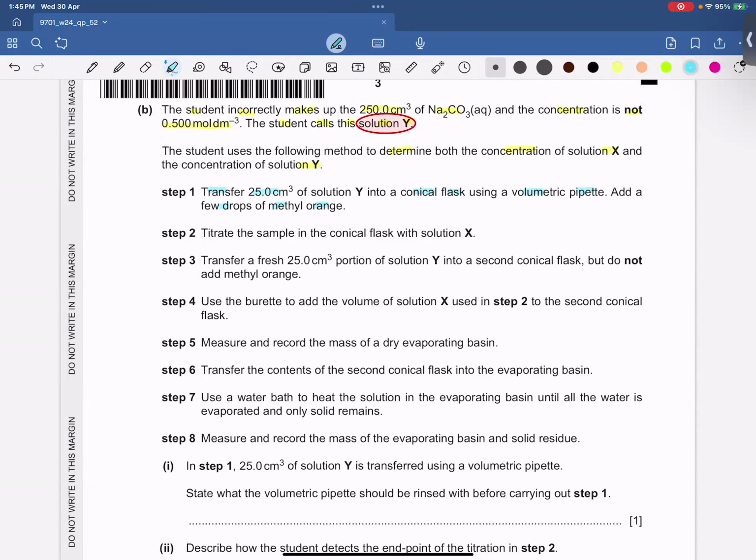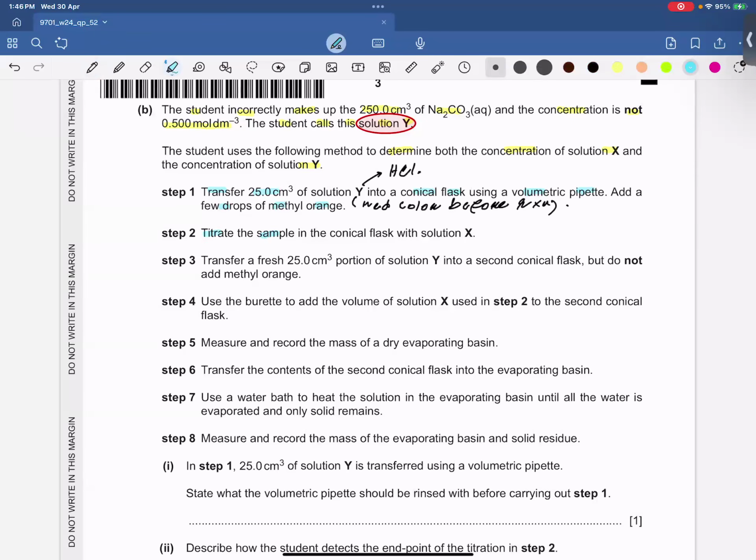So the conical flask has hydrochloric acid, and in hydrochloric acid, methyl orange shows a red color before the reaction, because this is going to be HCl solution. So in acid, methyl orange shows red color.